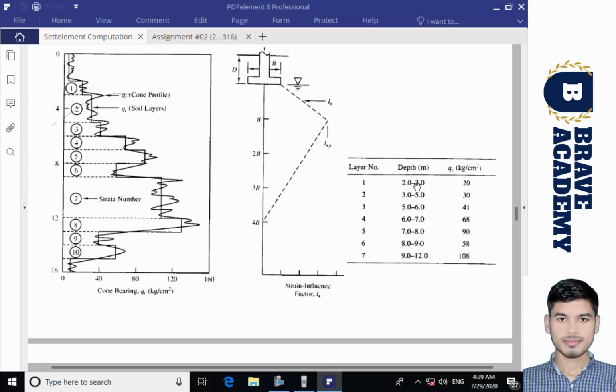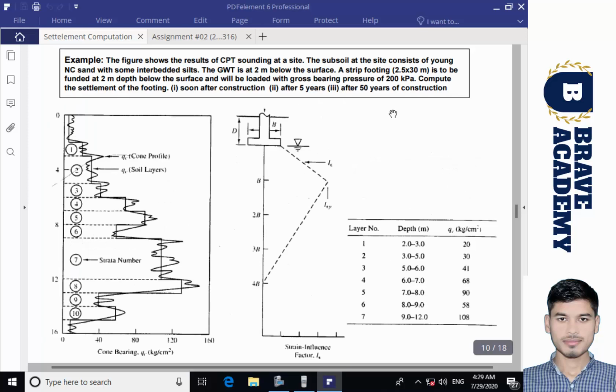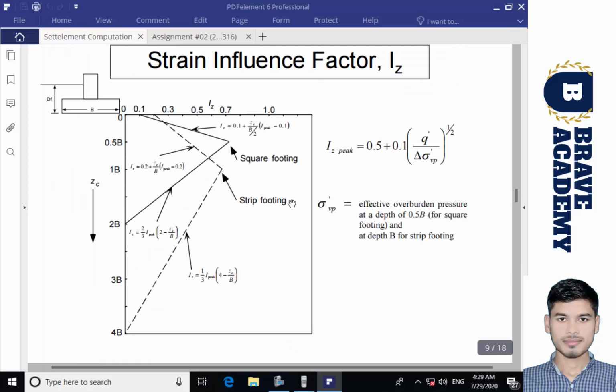So see here, he goes from depth 2 to 12, and what will be the total depth from 2 to 12? 10 meter. And as in our case the footing is a stiff footing, and in stiff footing you can see here the value of strain influence factor Iz ranges up to 4b.